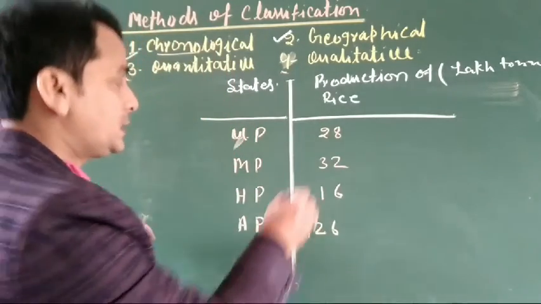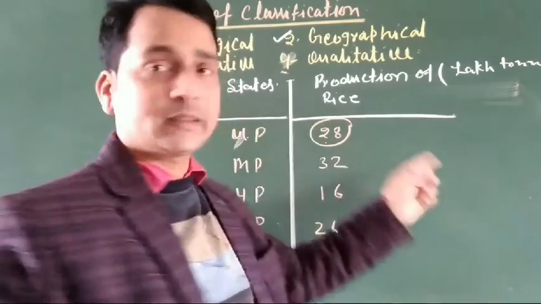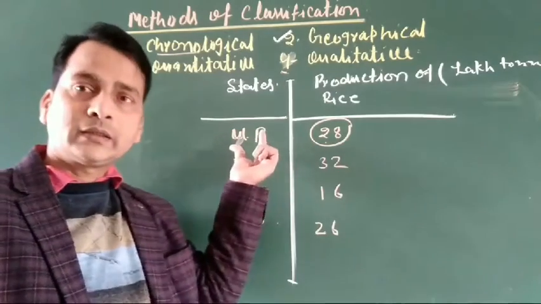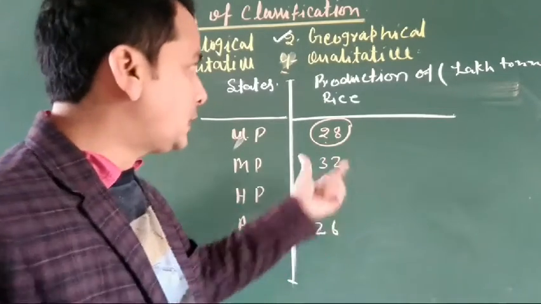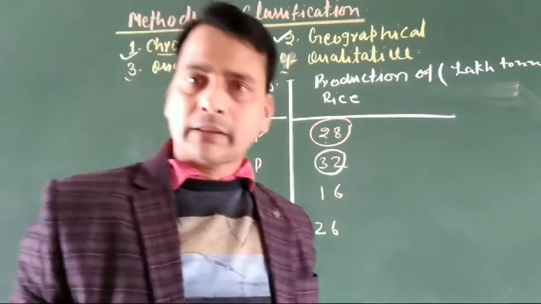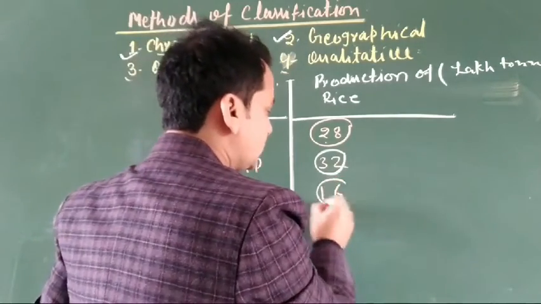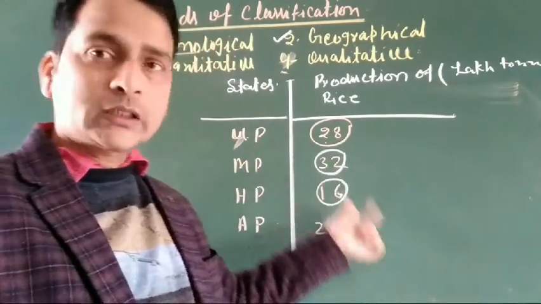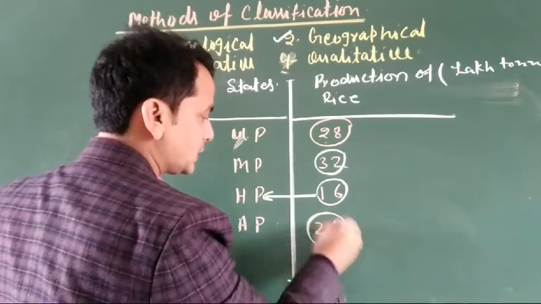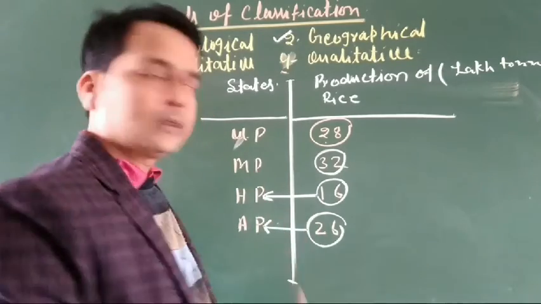So here the production of rice is 28 lakh ton in UP, 32 lakh ton in MP, 16 lakh ton in Himachal Pradesh, and 26 lakh ton in Andhra Pradesh.